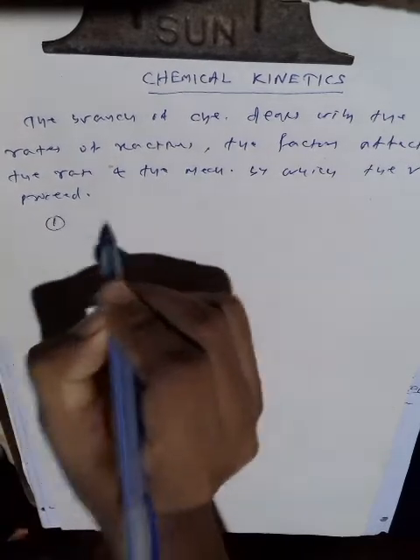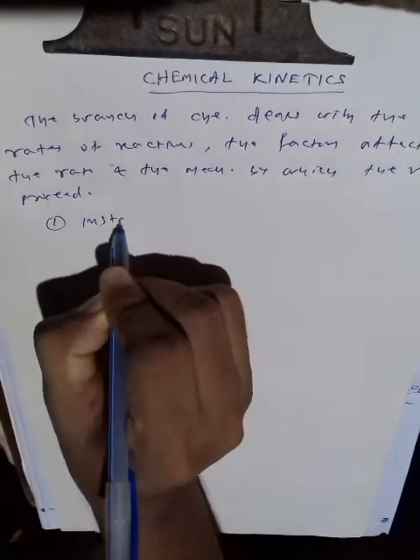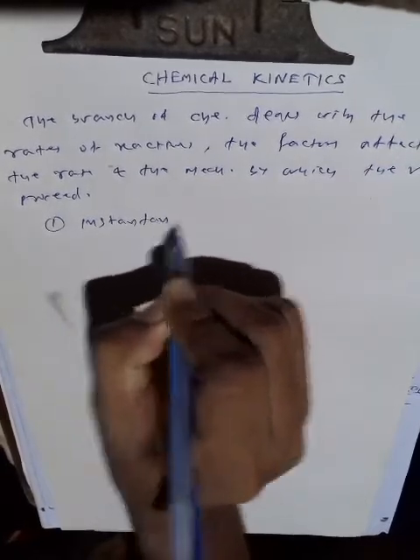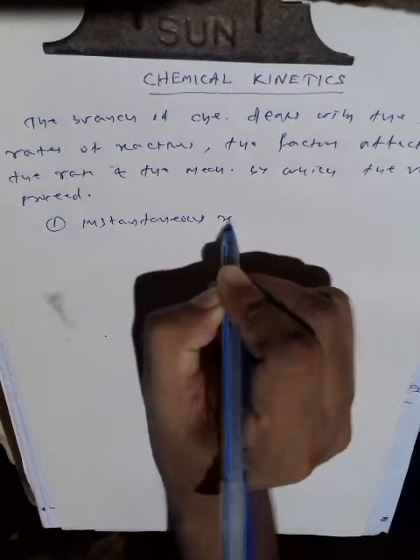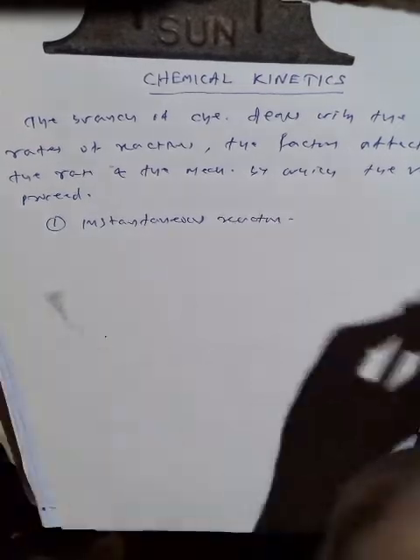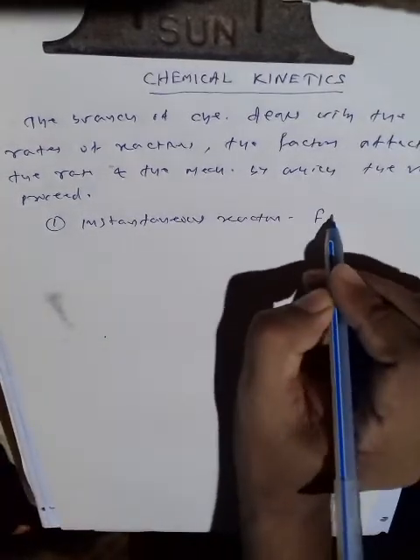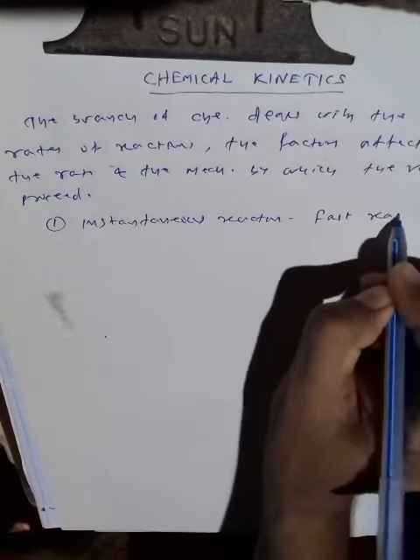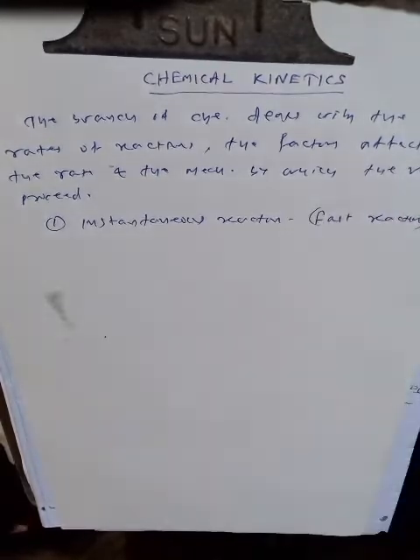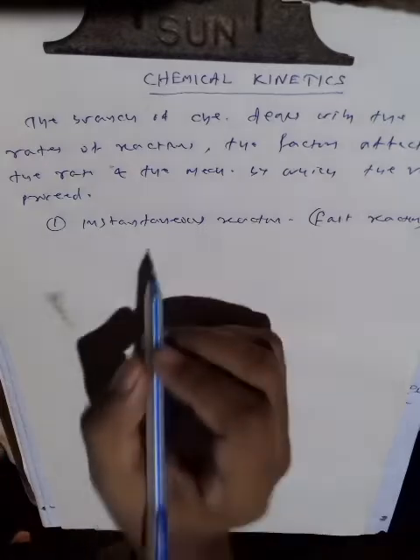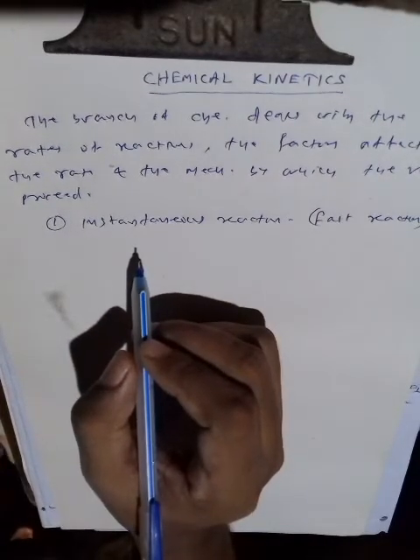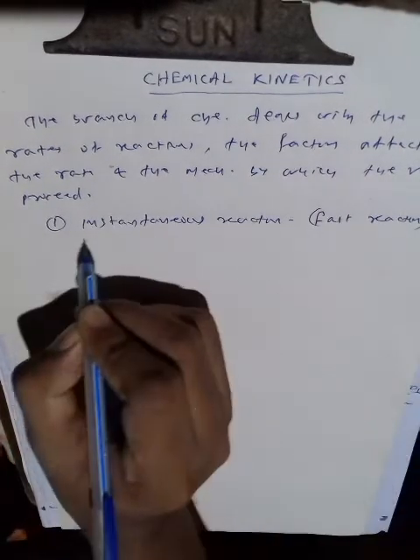The first one is instantaneous reaction. They are also called fast reactions because these reactions have a very fast rate, or these reactions take place very rapidly. Within seconds the reactions get completed.